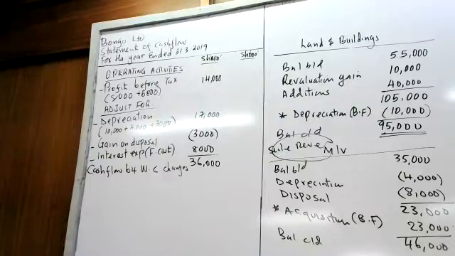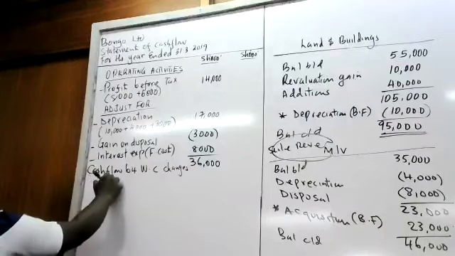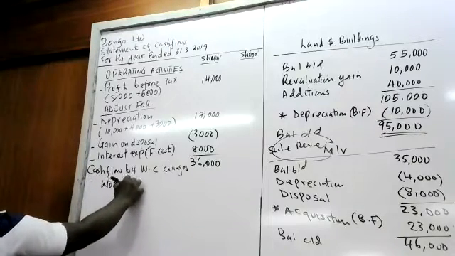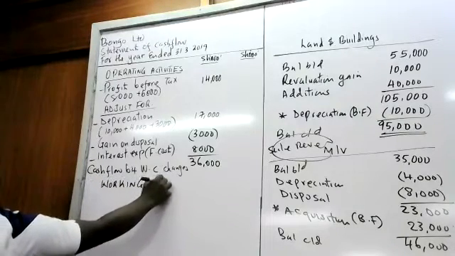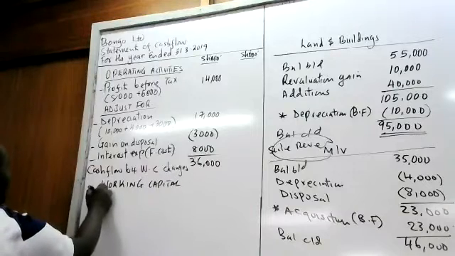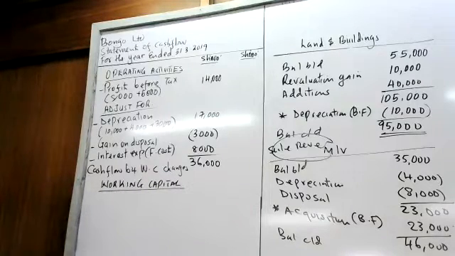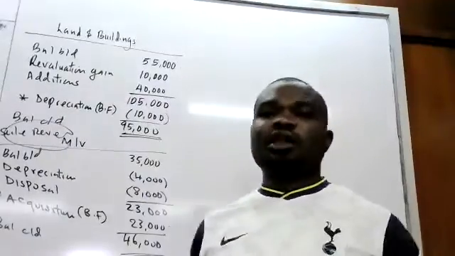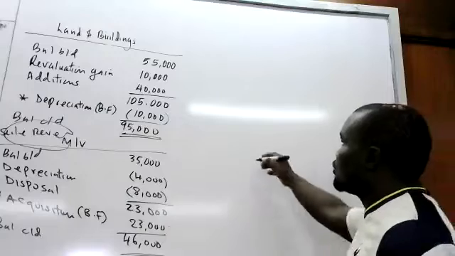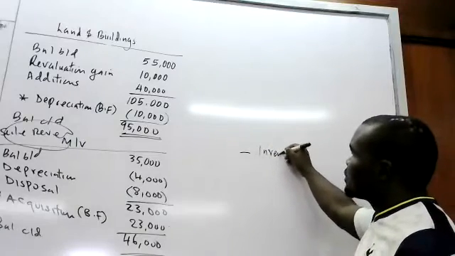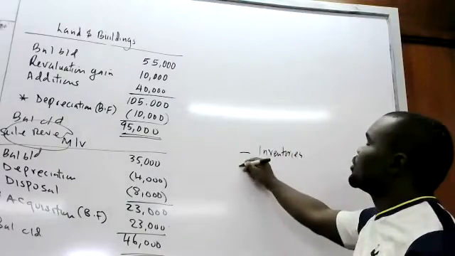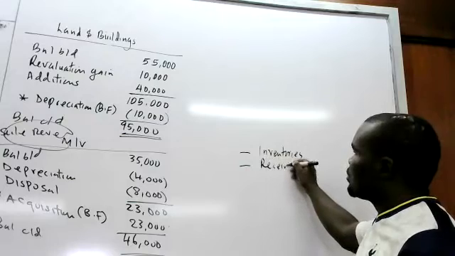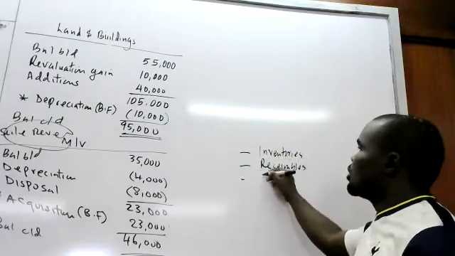All right, then bring working capital. Check for me these items. Working capital is current assets and current liabilities, but you check this: inventories, receivables, payables.